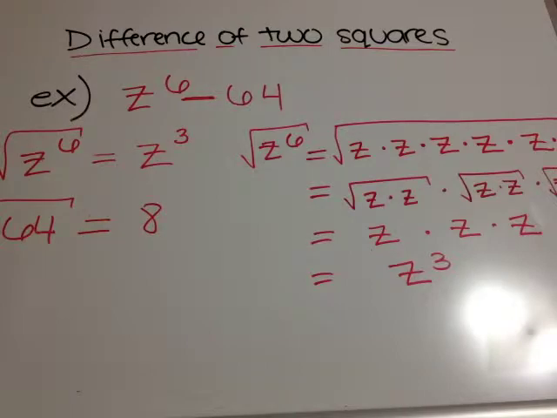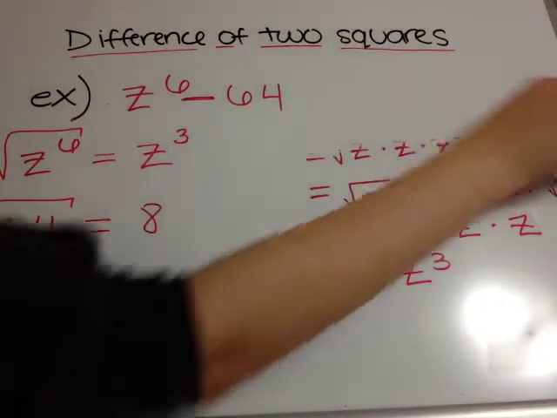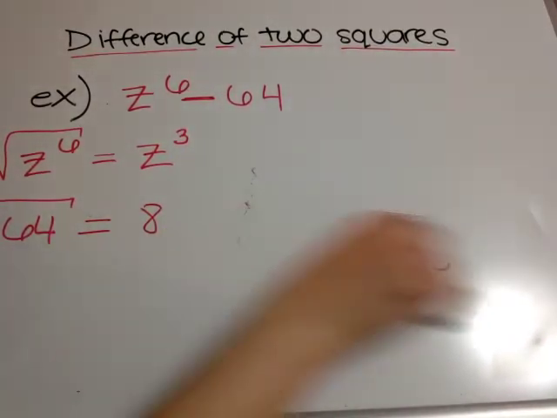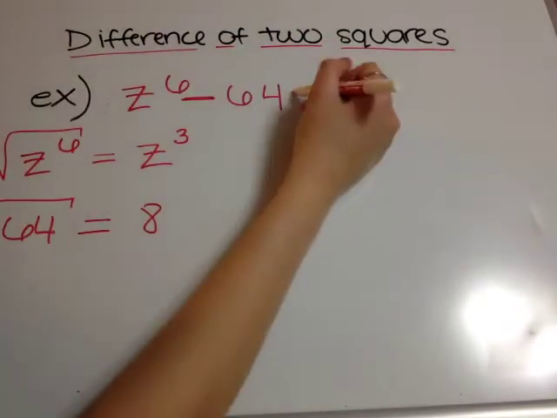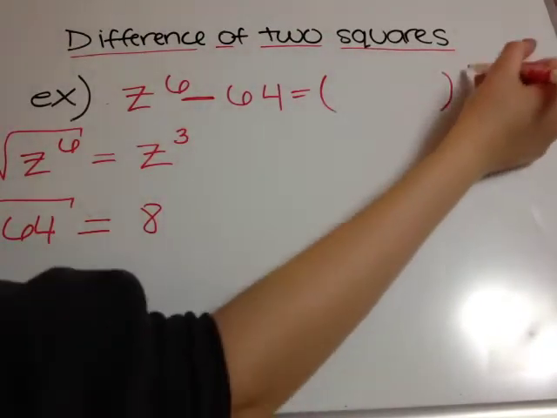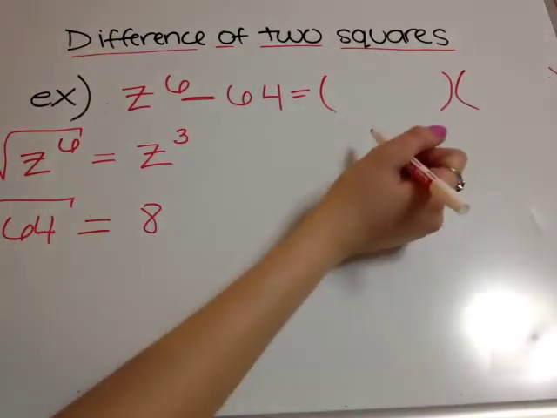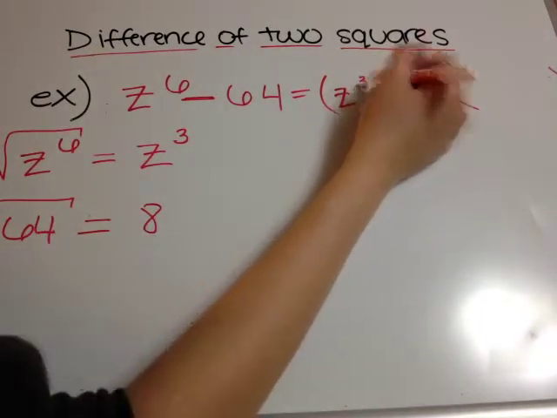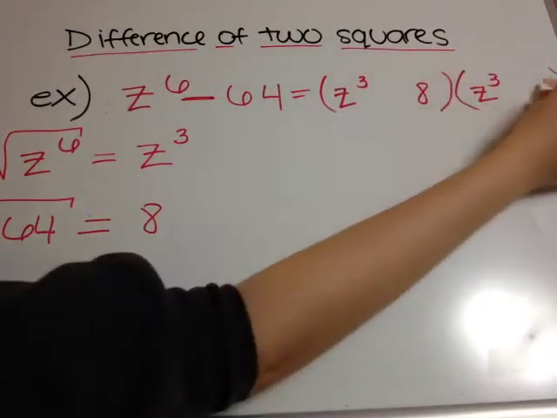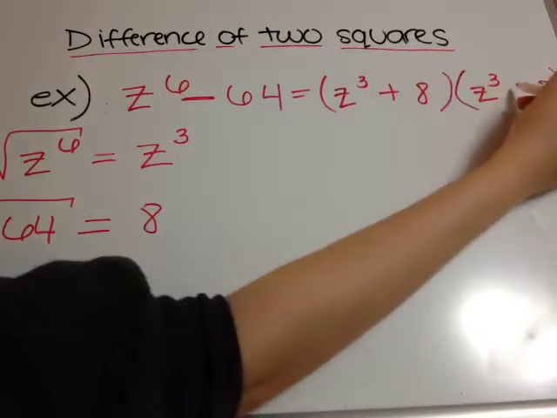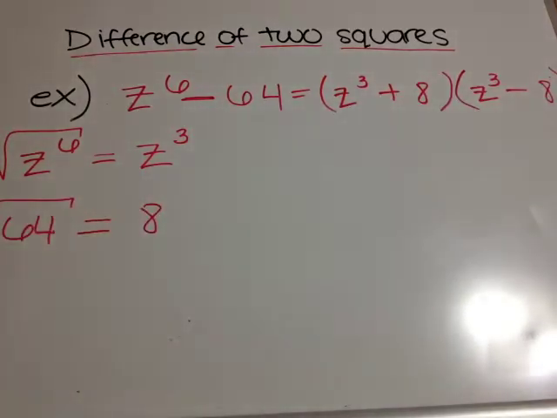Okay, so now that we have our two terms and they're perfect squares, then we can use our method. So we have our double parentheses. We have z cubed in the first spots. We have 8 in the second spots. And we have plus and minus. And again, we can also check this answer. Let's check it using FOIL.